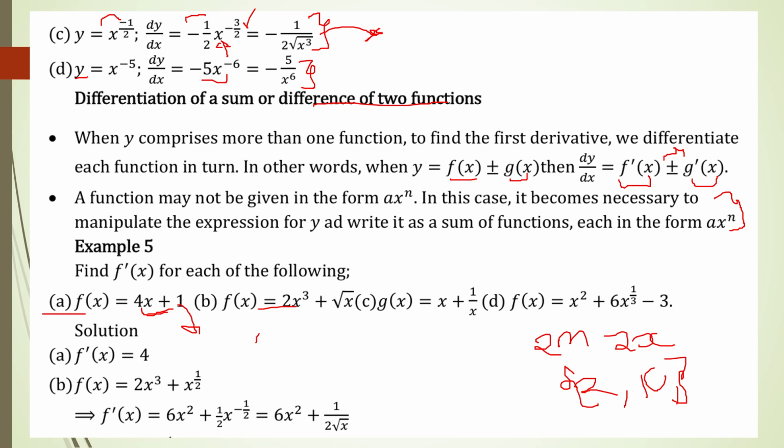Now whenever you differentiate a number which is attached to a variable, you are going to get that very number. For example, if you look at 4x, if you have to differentiate 4x, 4 is a constant, we pull it out, we don't differentiate the coefficient, we just differentiate the function which is x. So remember that x is the same as power 1. So if you have to differentiate this, first we pull down the power which is 1, so it's going to be 4 into 1, then multiplied by x, then reduce the power by 1, so 1 minus 1 is going to be 0, so it's going to be 4 times x power 0.